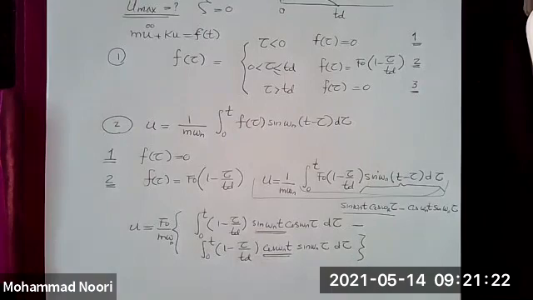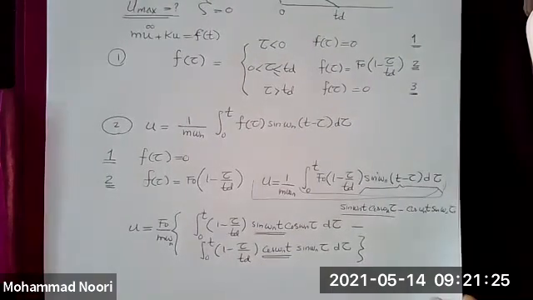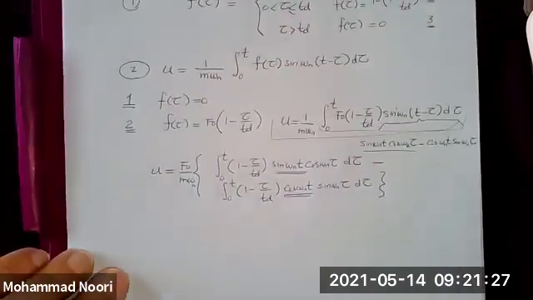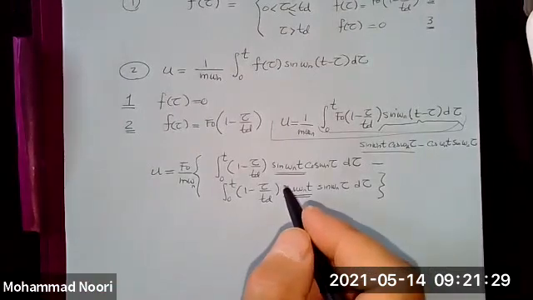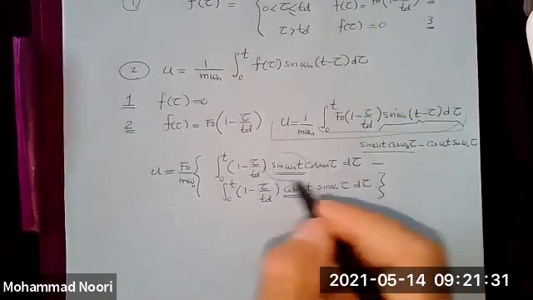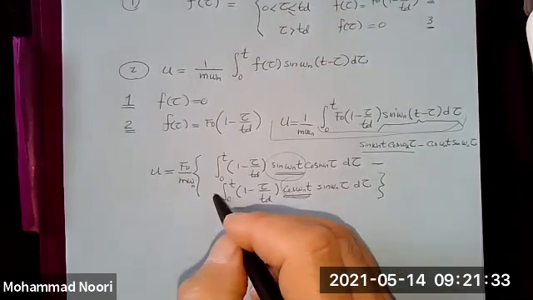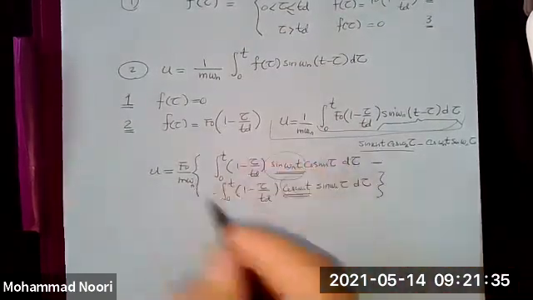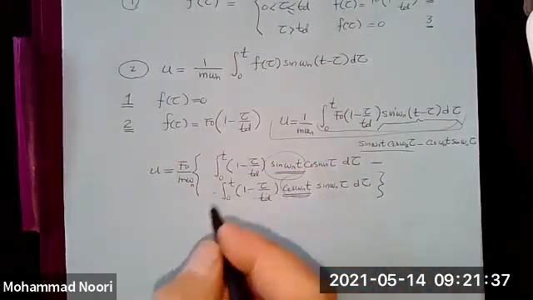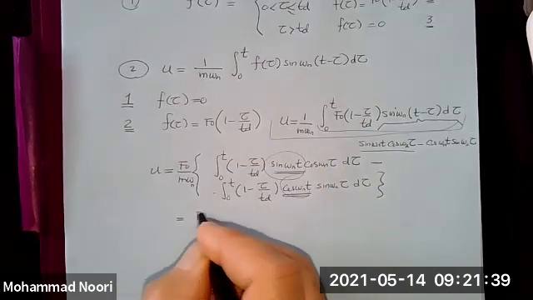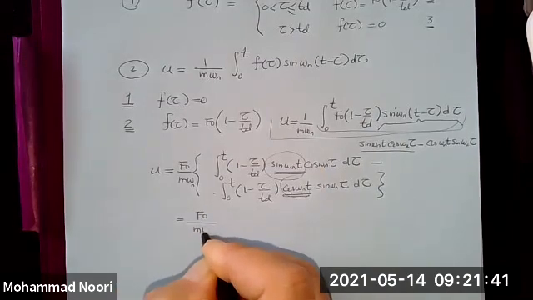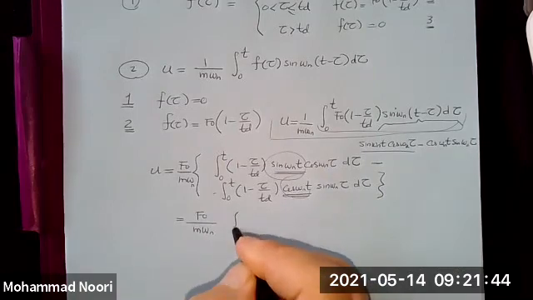As I said, tau is the variable of integration, and t is treated as a constant. So these two come out of the integral. This can be further simplified and written as F naught over m omega n.